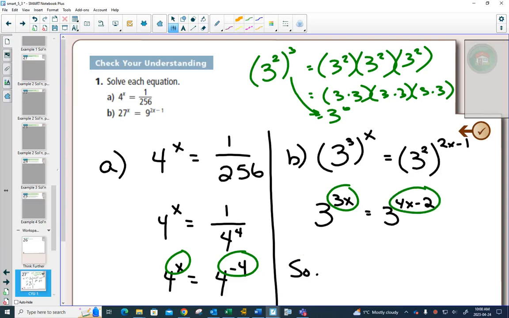I can go to this next very mathematical step where I go, so 3x has to equal 4x minus 2. And this is an easy equation to solve. I can move my x's over to this side, move my 2 over to this side, combine my like terms, and I get that x has to be 2 for this to work out.